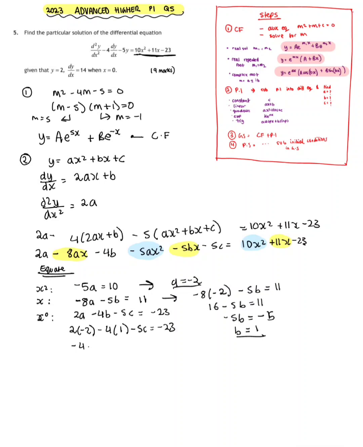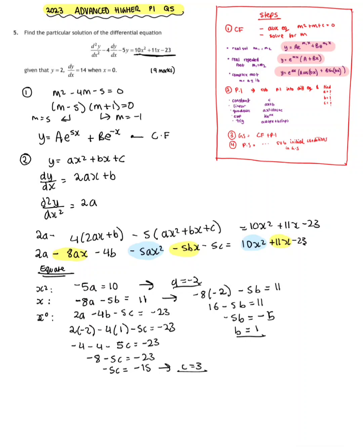So minus 4 minus 4 minus 5c equals minus 23. So minus 8 minus 5c equals minus 23. And then we'll have minus 5c equals minus 15, which will give us c equals 3. And here we have our three values of a, b, and c.